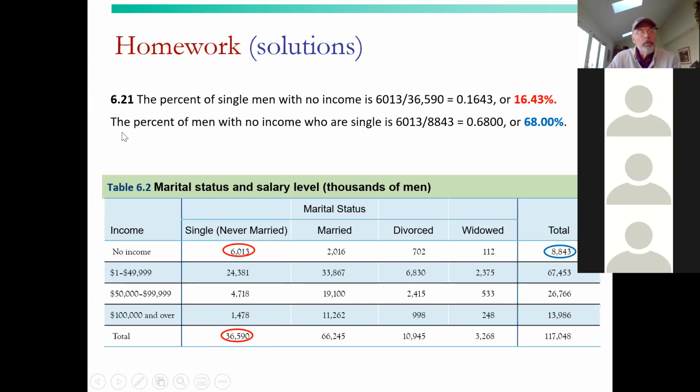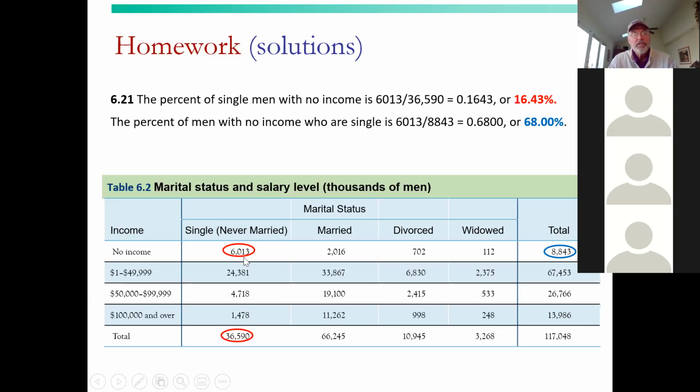All right, so you might think that this sentence right here that we just read is exactly like this sentence here, the percent of men with no income who are single. In this way, we're looking at no income as the issue, the condition.